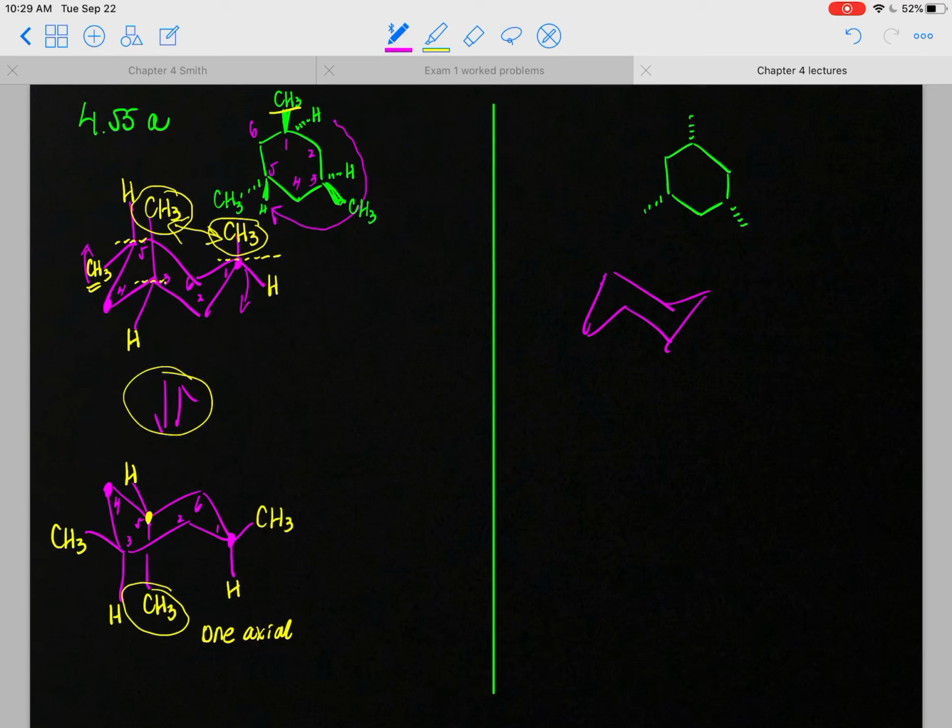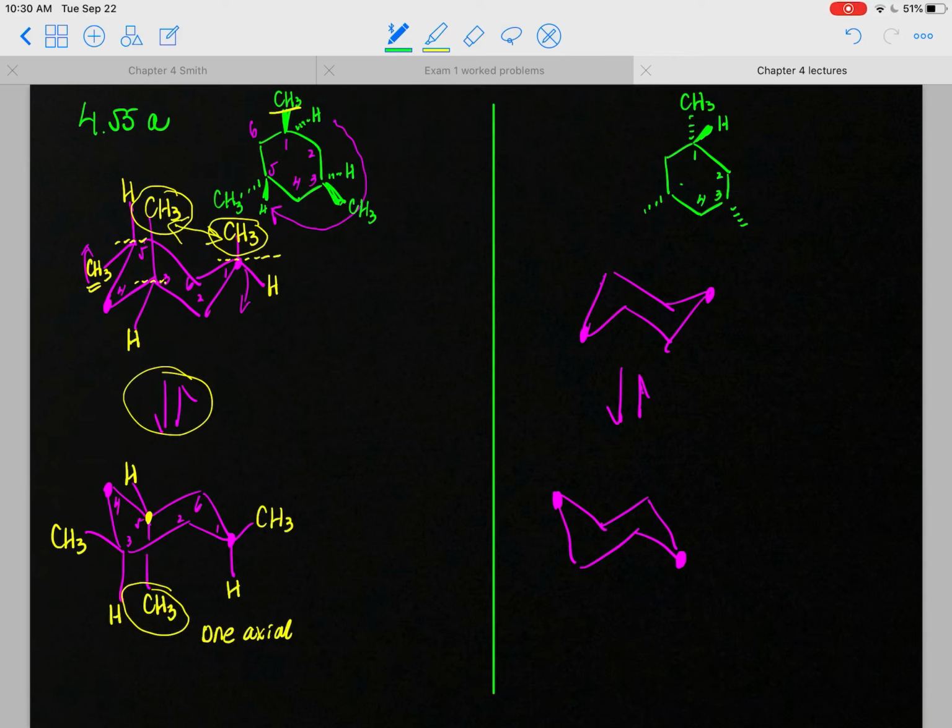So again, you want to draw the two different chair conformations from your generic cyclohexane. You should be really good, hopefully much better than I am, at drawing these starting points. And just to be ultra consistent, I'm going to keep the same numbering.